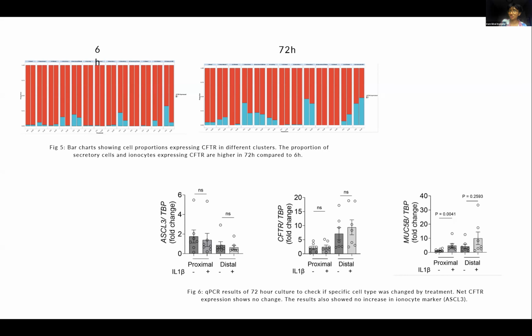This also showed us that even though the proportion of ionocytes that express CFTR does increase, the cell number doesn't really increase. We also did qPCR for CFTR and MUC5B, which is another secretory cell marker, to see if there was any significant increase. The results aligned with the predictions that IL-1 beta increases CFTR and MUC5B expression. However, we didn't see any increase in ionocytes.